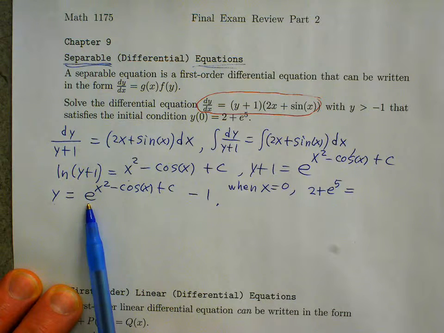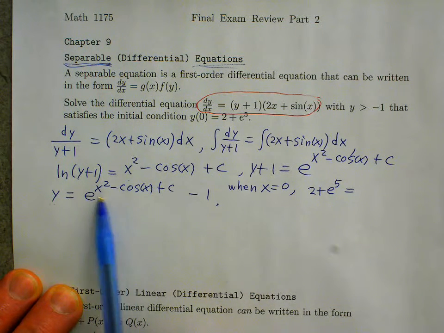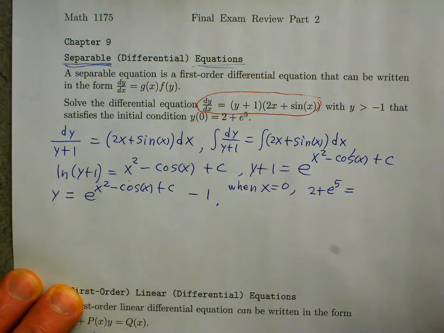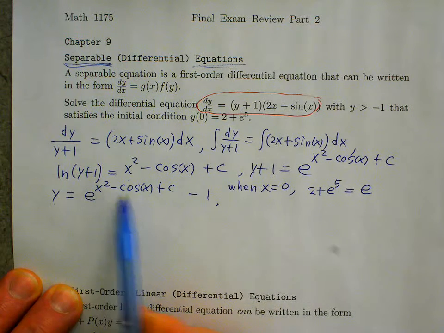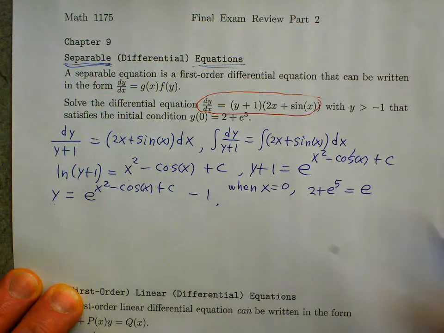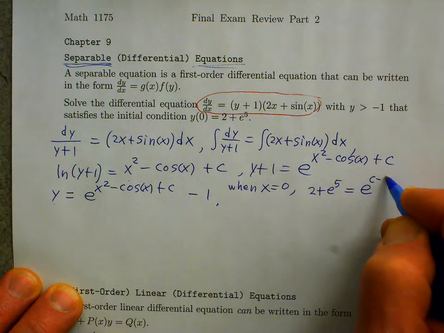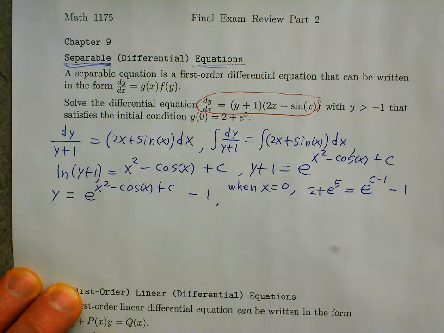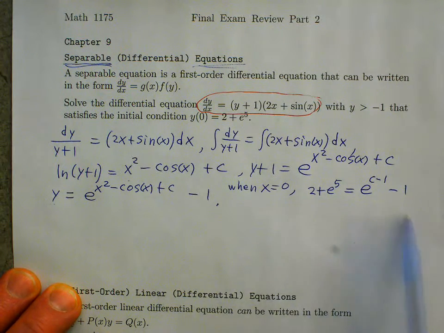So we have e to the 0 minus 1 plus c, because cosine of 0 is 1. So we have e to the negative 1 plus c, but I'm going to write negative 1 plus c as c minus 1, just for convenience.